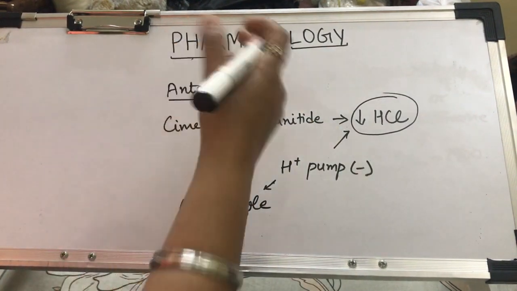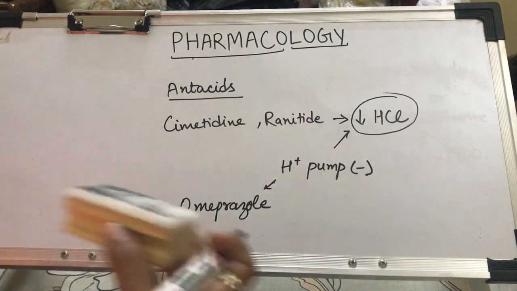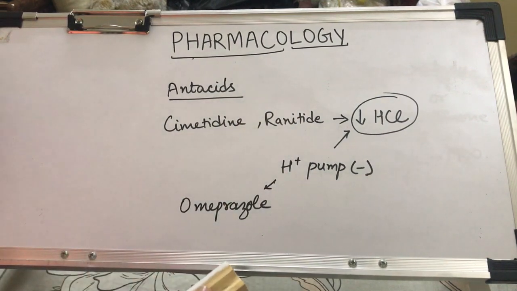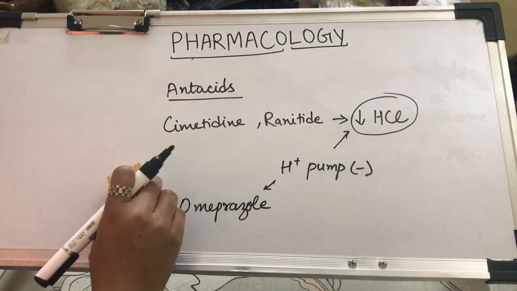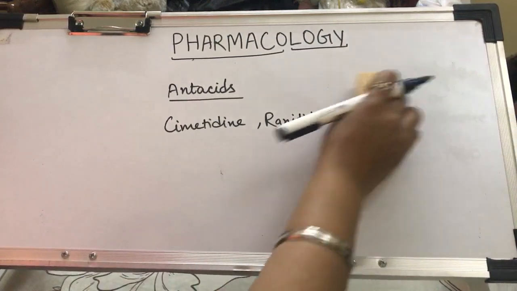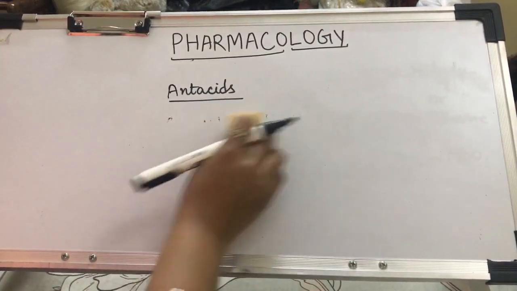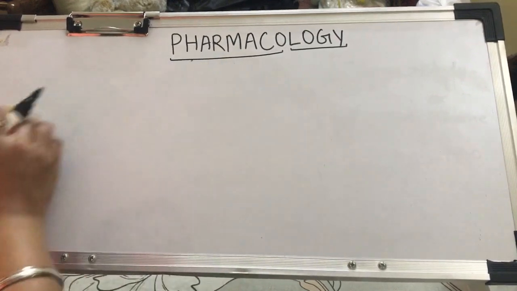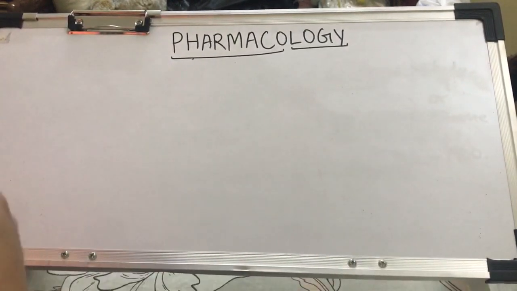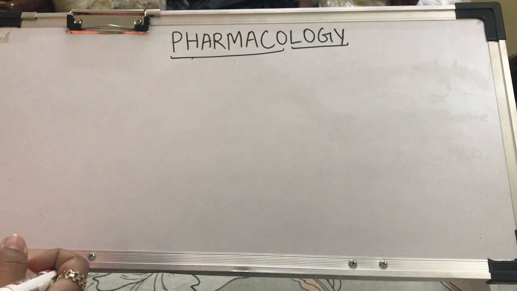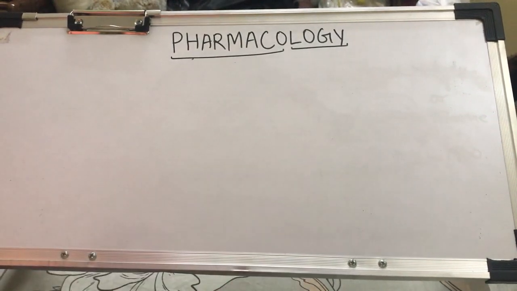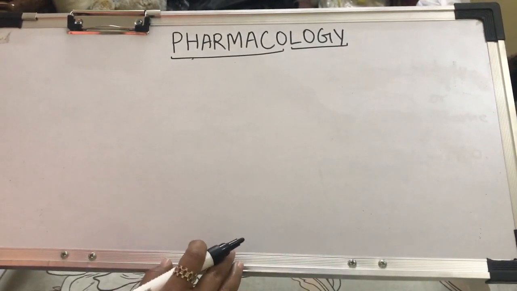When we know that HCl is going to be increased in case of peptic ulcers, we need to find agents which are going to reduce the HCl. So we know what the dysfunctioning is and we are finding ways to correct it. This is the scope of pharmacology. This is the need of pharmacology, that in order to correct these diseases we need to know what the basic problem in that disease is, and we are finding ways to correct it.